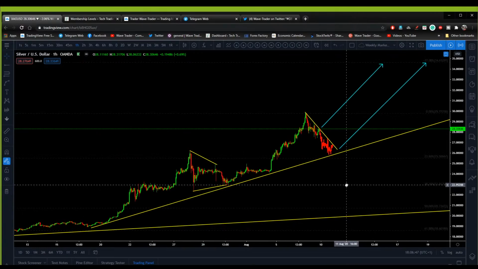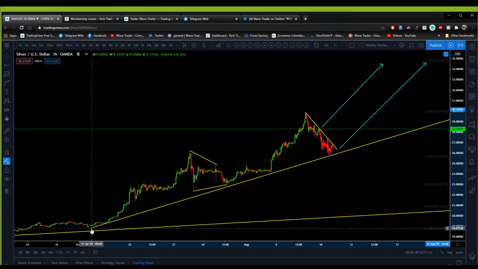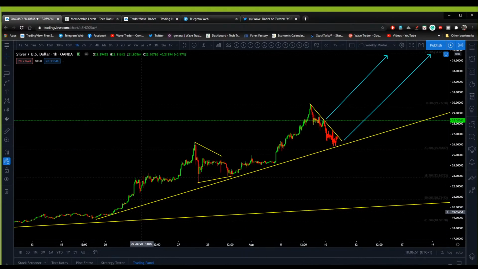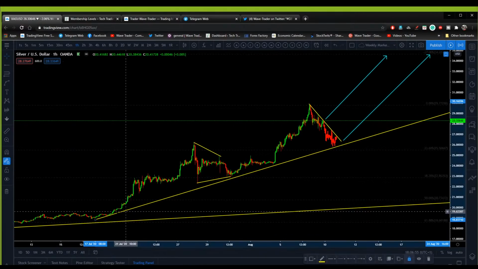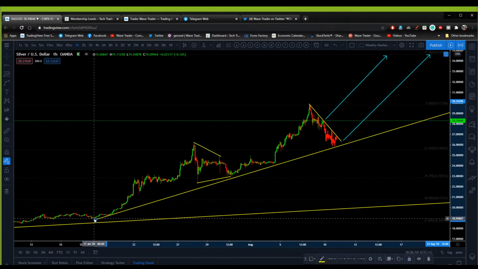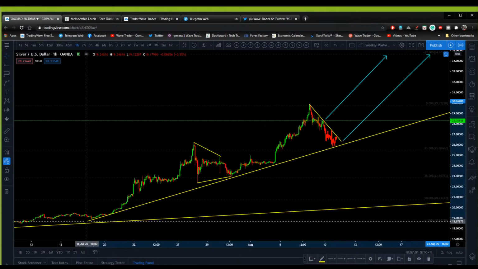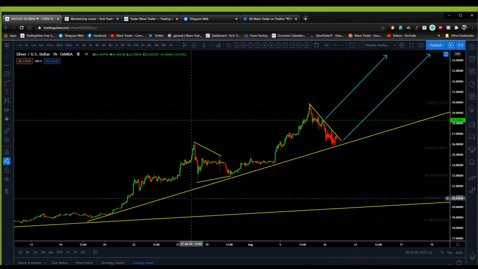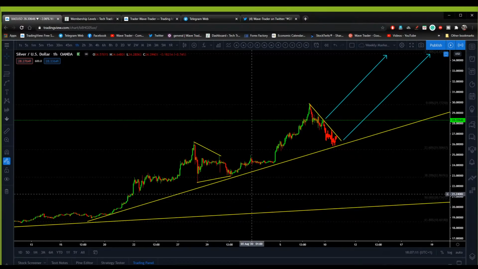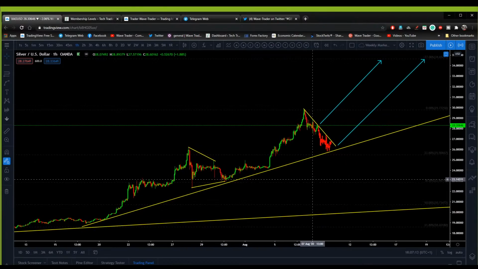As I said again, those who are not experienced traders, make sure you trade with care these days. Don't buy silver and gold at these levels without a stop loss, or you may pay a high price.